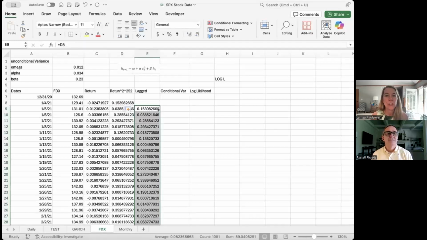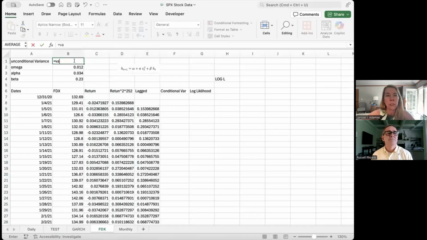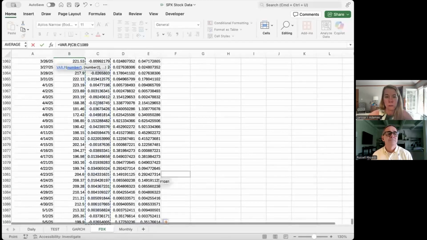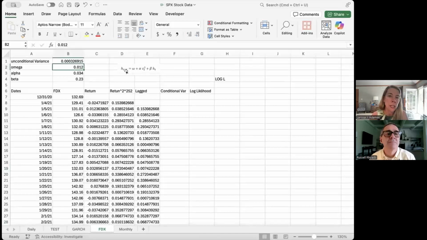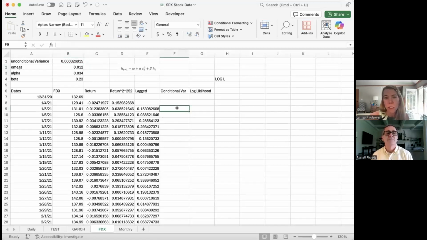I'm very happy with these steps. Now we're going to start with our unconditional variance. And this is where we'll actually use variance or population of our returns. And I told you that our conditional variance, which is this h_{t+1}, is really looking to predict the next volatility, the next day's volatility. We have to start with something. So we are going to start with this historical.